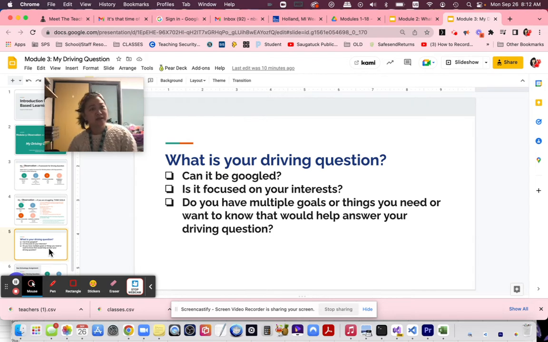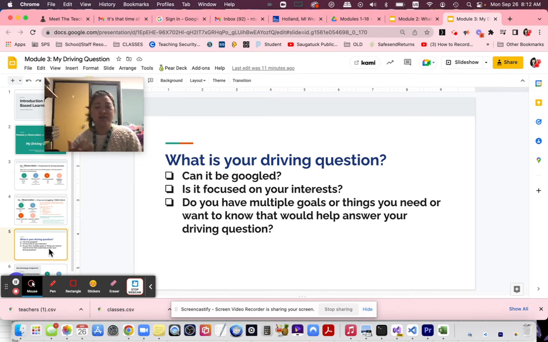So, for example, if my topic was on learning how to speak Spanish or learning about the Spanish culture, what are some other goals that I might have? Maybe I want to have a conversation. Or how do I teach young people to have a basic conversation about something, like if I was traveling to Mexico or traveling to Spain?